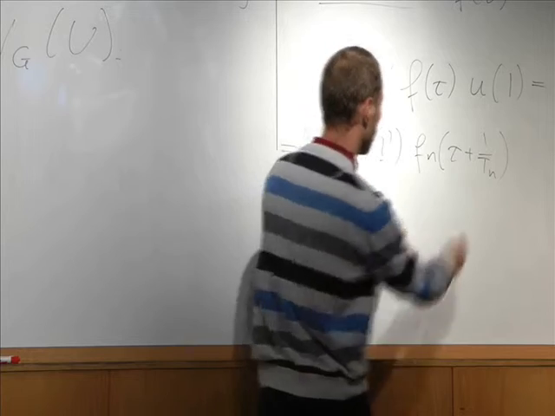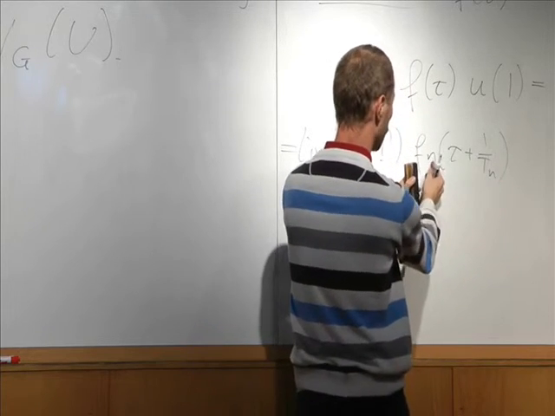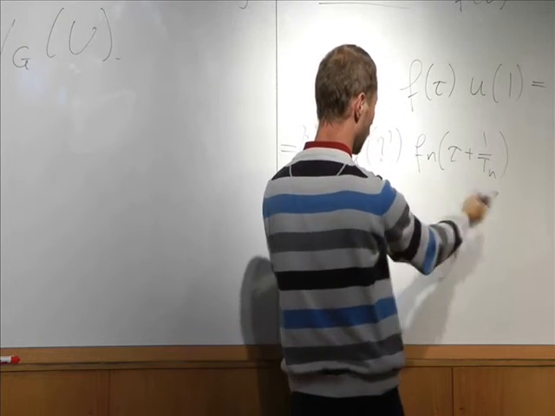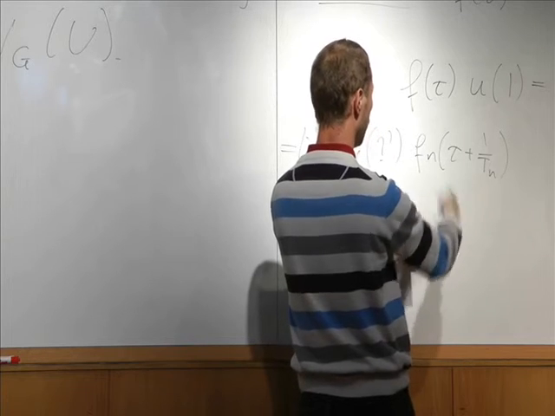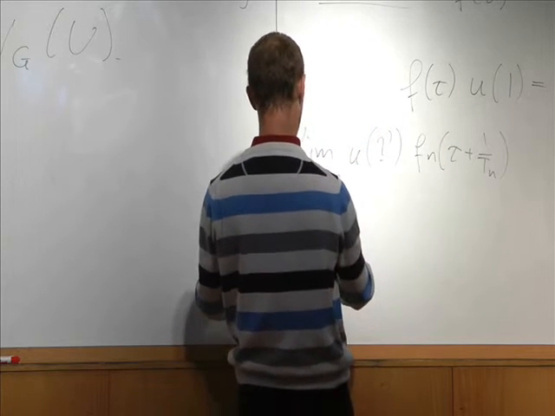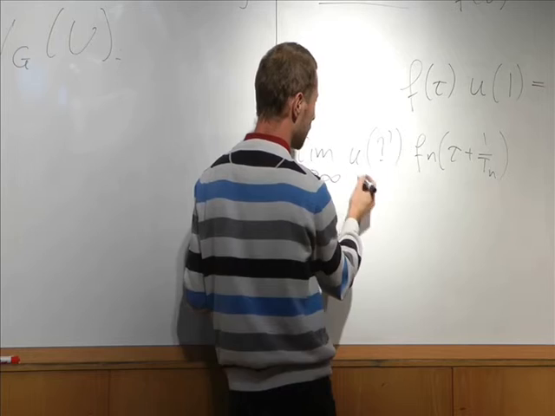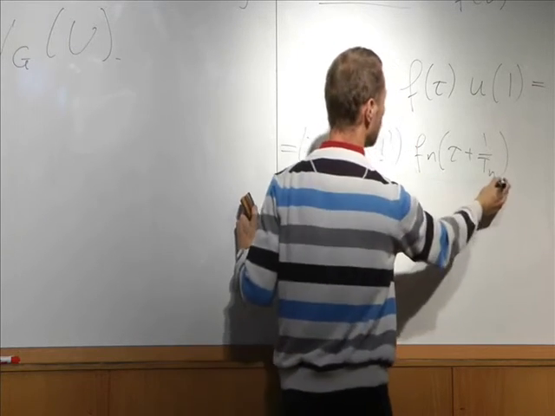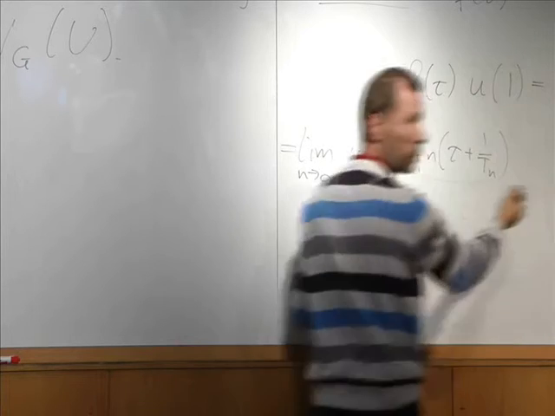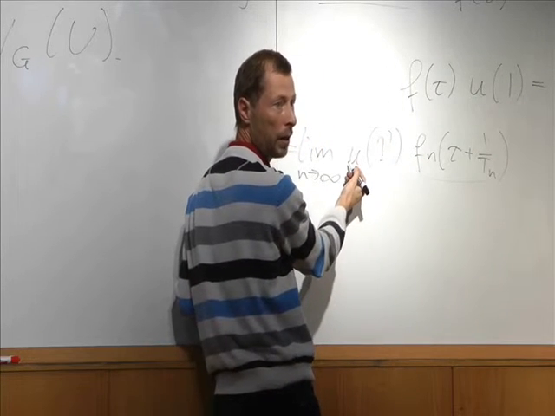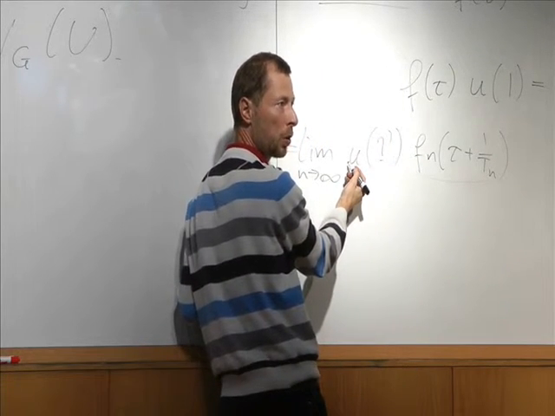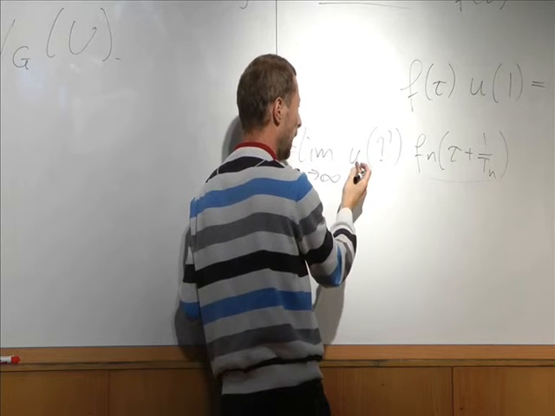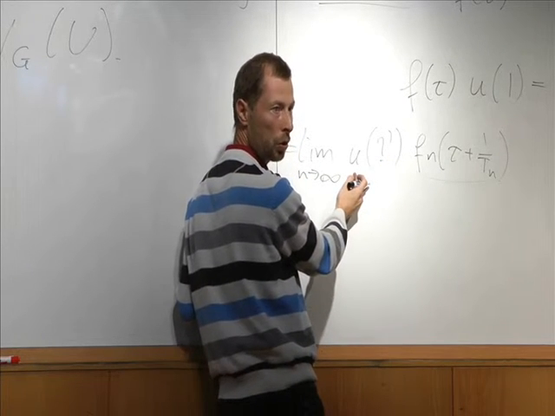And now that 1 over Tn goes to 0, the Fn converges uniformly on the compact subset where I'm currently working to my function f. So I realize that this u question mark prime must have a limit because this has a limit, and I started with something that converged, so this converges to something. But if it converges to something, it has to converge to an element of u, because u is closed.